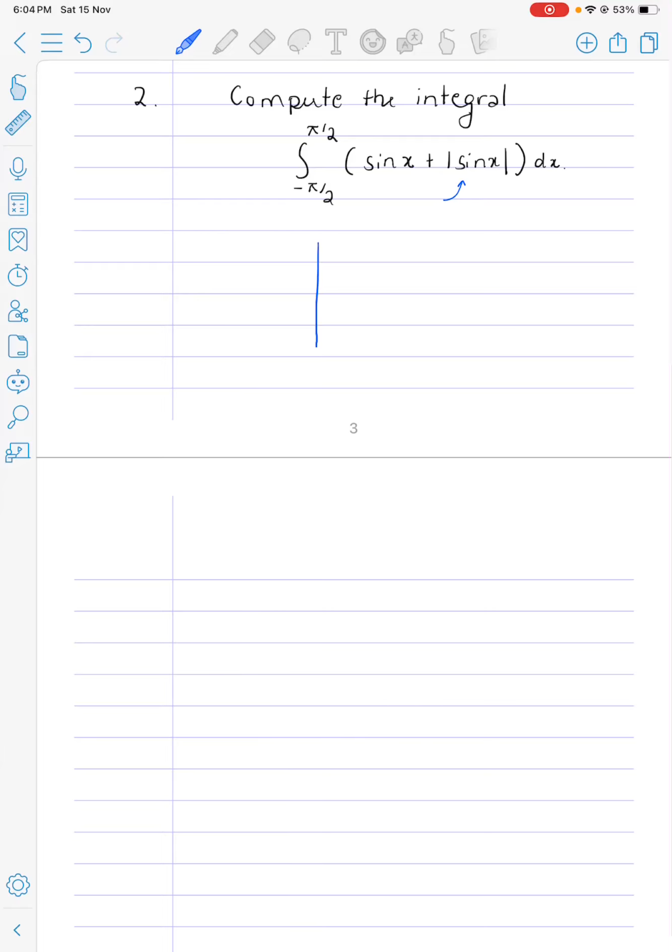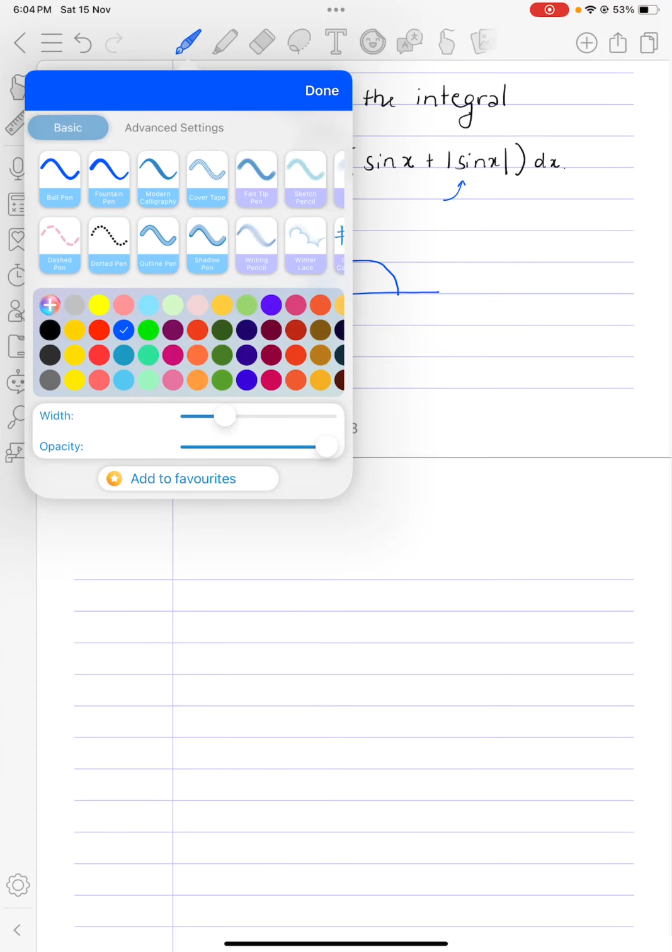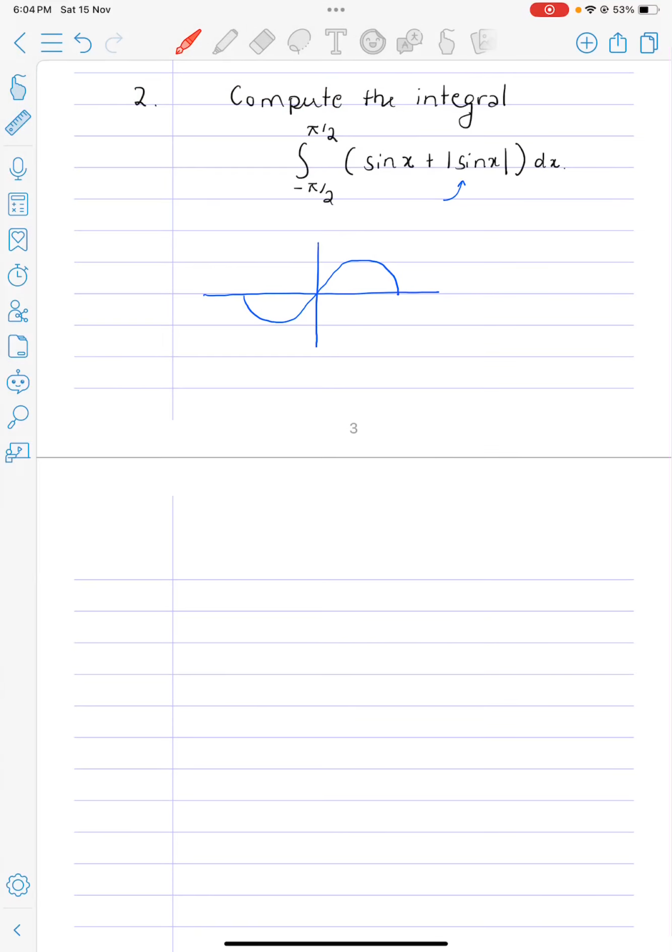Before dealing with mod, let's just look at the graph of sin x. Pay attention to this part.